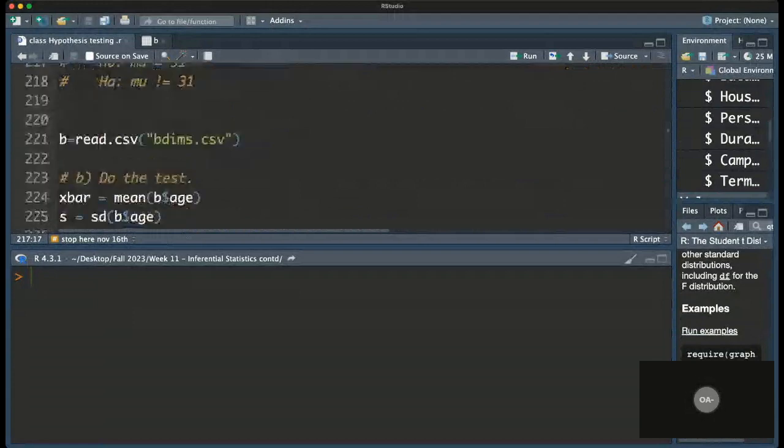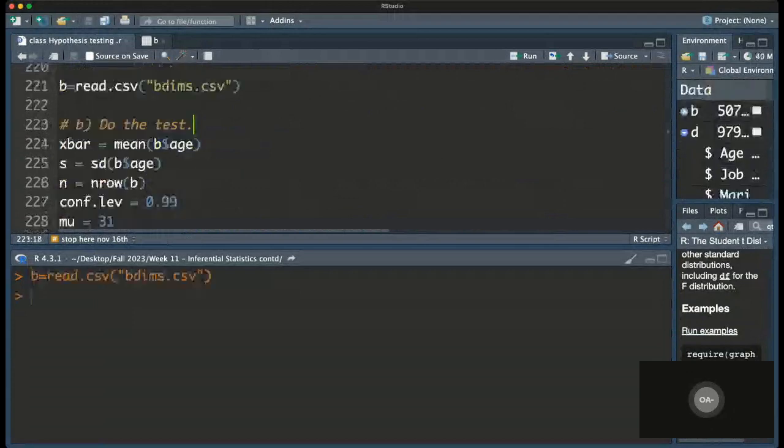All right, so we're using this file BDIMS CSV. It's in the LMS. You can always download it from there. To calculate our z-stat, we need the x bar, which is the mean of the age, the s, which is the standard deviation, and the number of rows.